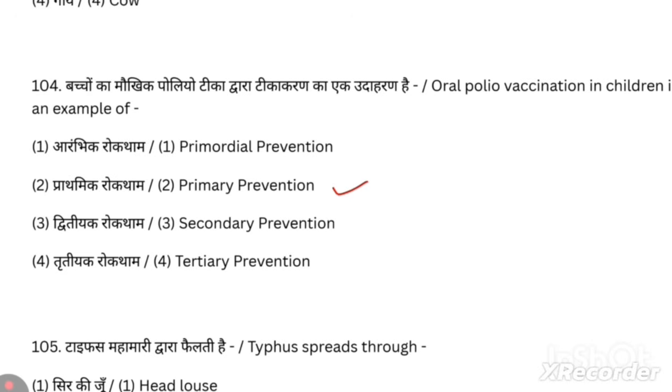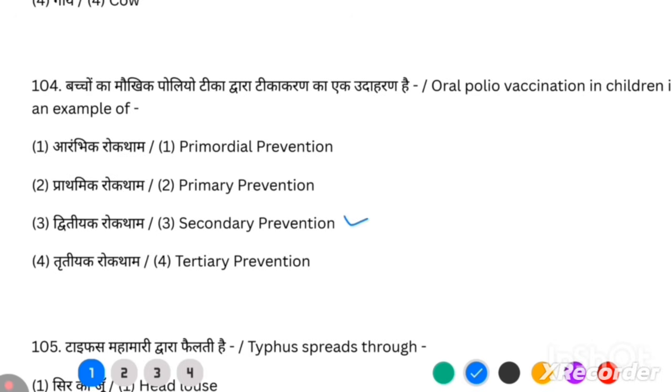Talking about the other options, primordial prevention prevents development of risk factors, secondary prevention is early diagnosis and treatment, and tertiary prevention is rehabilitation. So the correct answer is primary prevention.